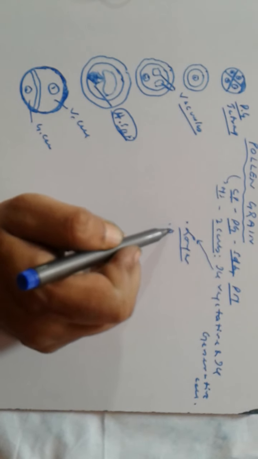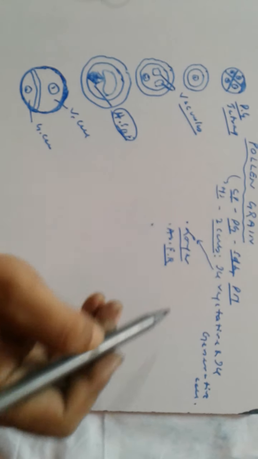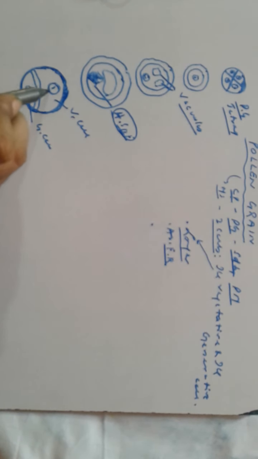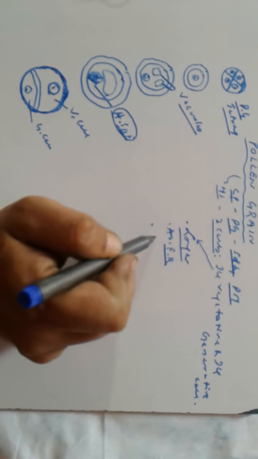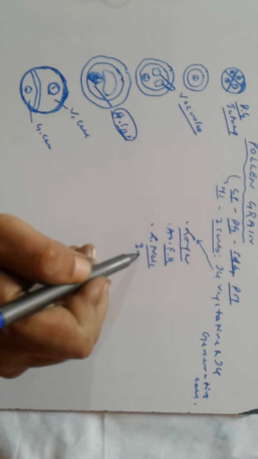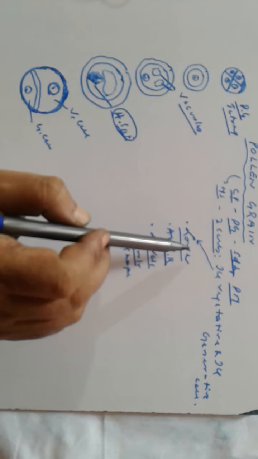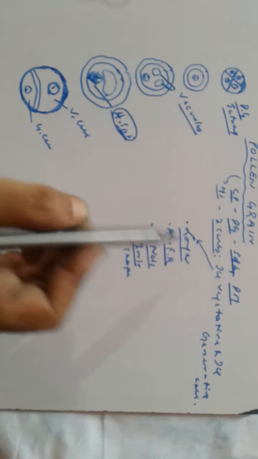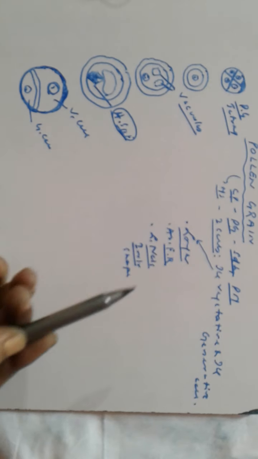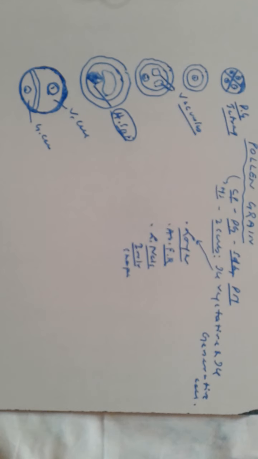It has abundant food reserves and a large nucleus, which is irregular in shape. It is not regular.